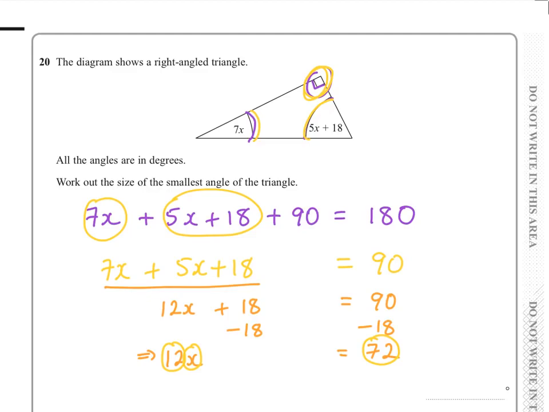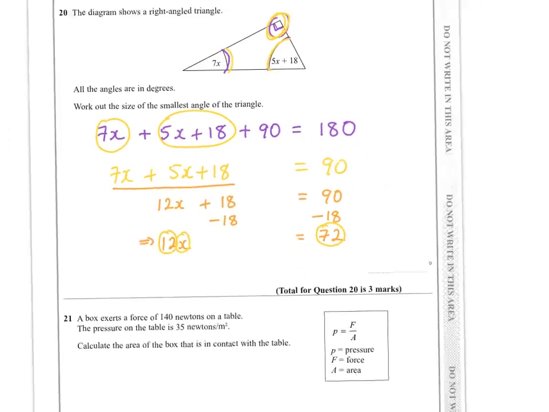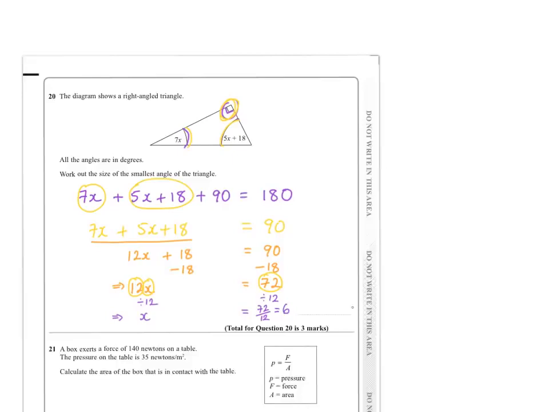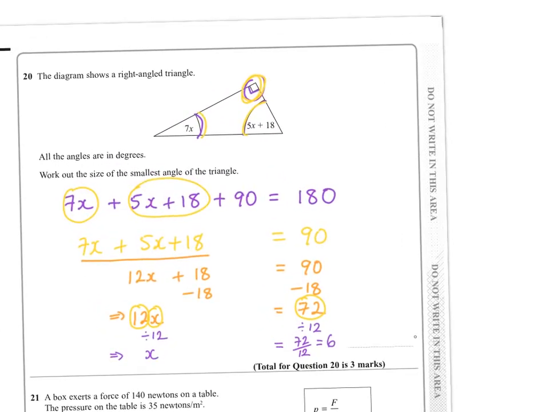Well, 6 12s are 72. So if we were to divide both sides by 12, then we would have x on its own is equal to 72 divided by 12, which is 6. So we know that from this diagram here, x equals 6 degrees.